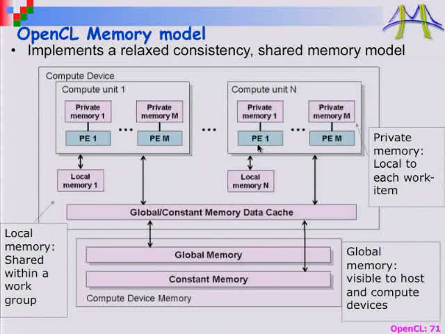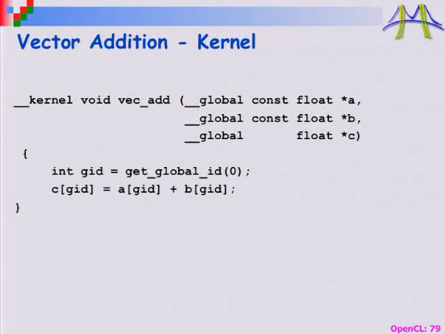So the memory model is similar. It even has some of these global constant memory things that have a cache for them, just like there is for the constant memory in Cuda. And then you have private memories on each of the compute units. So I think I'm just about out of time, but I will show you the vector addition example.